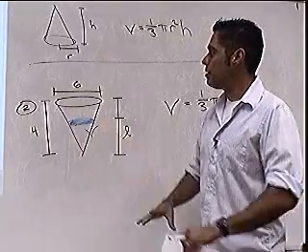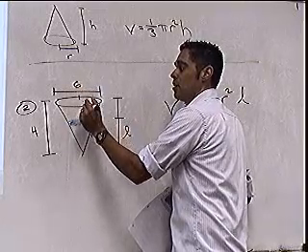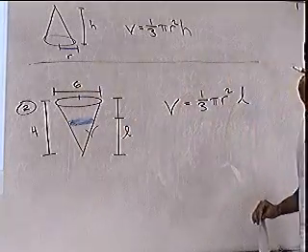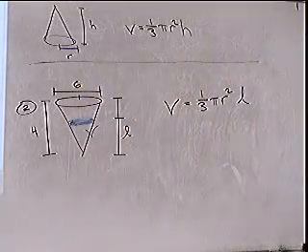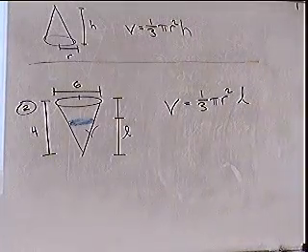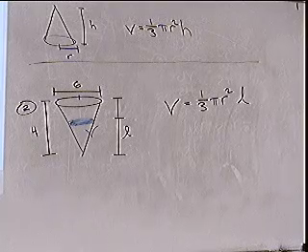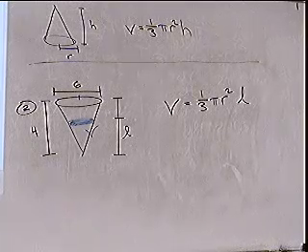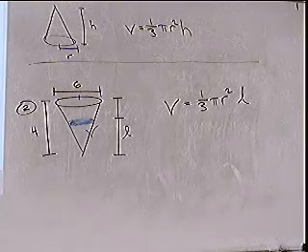No, that's the radius of the cone, not our water. So isn't the radius of our water changing? As the water level comes up, the radius of our water changes.